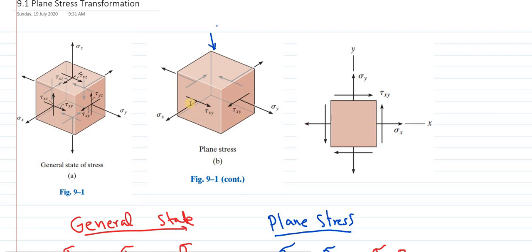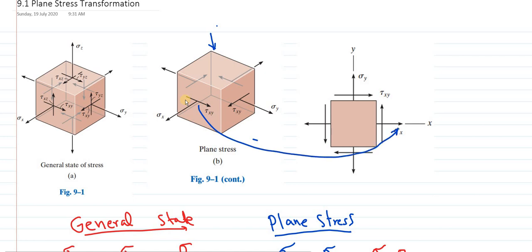Now, as far as these four arrows of shear stresses are concerned, we have all labeled them as tau xy. Why? Because look, this is tau xy, and for equilibrium, this arrow corresponds to this arrow over here.